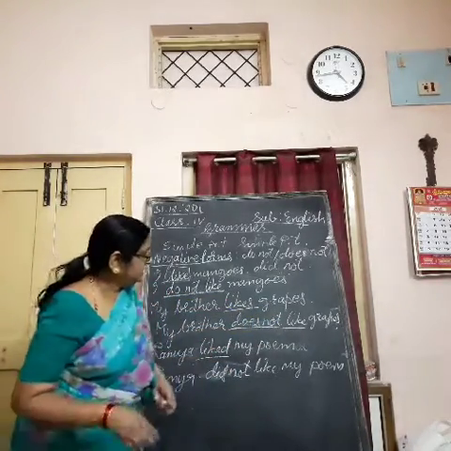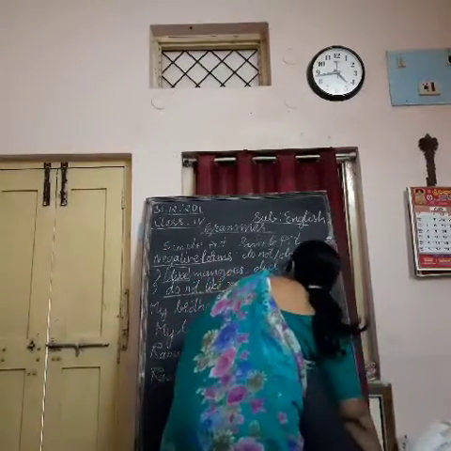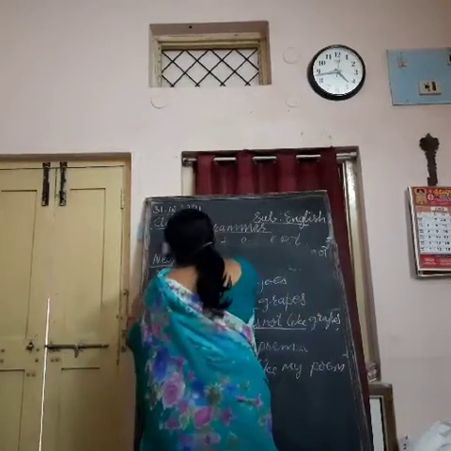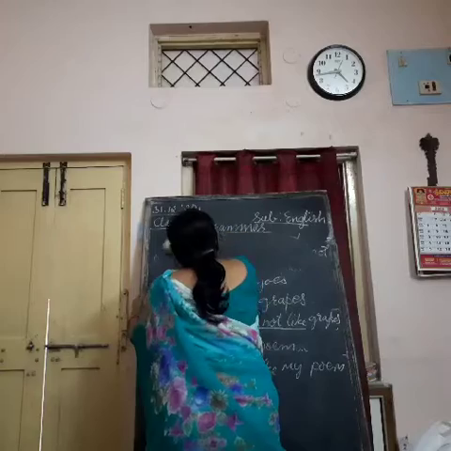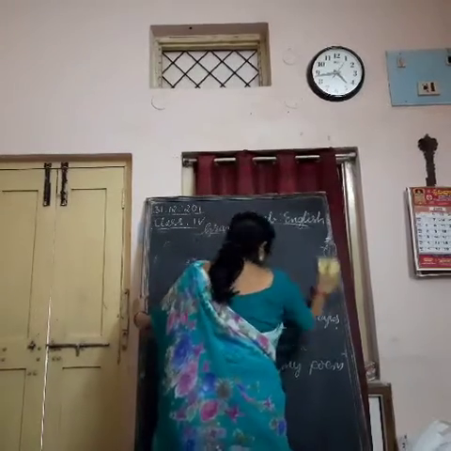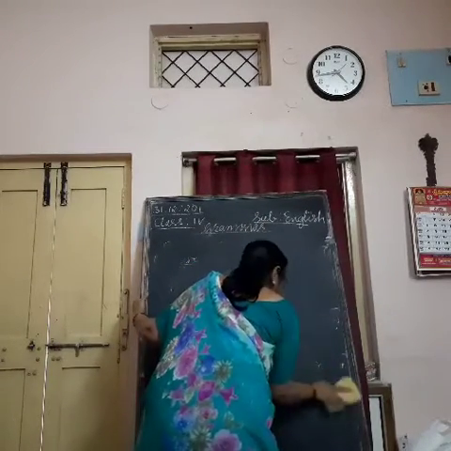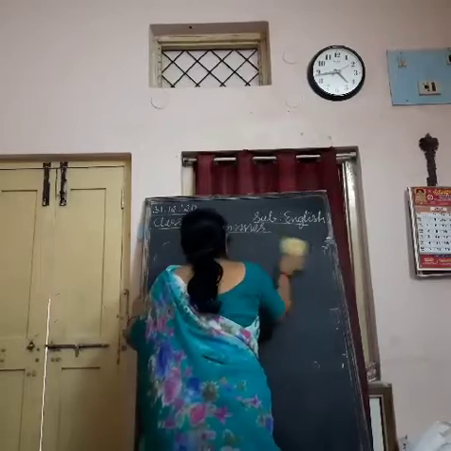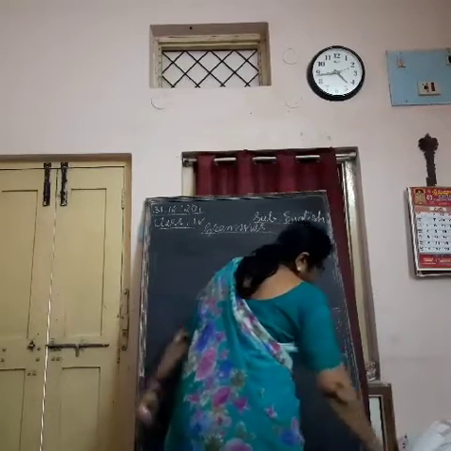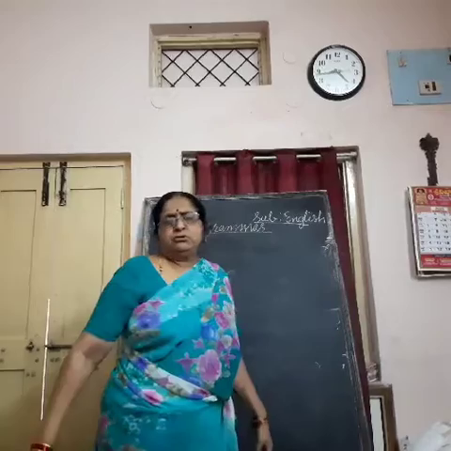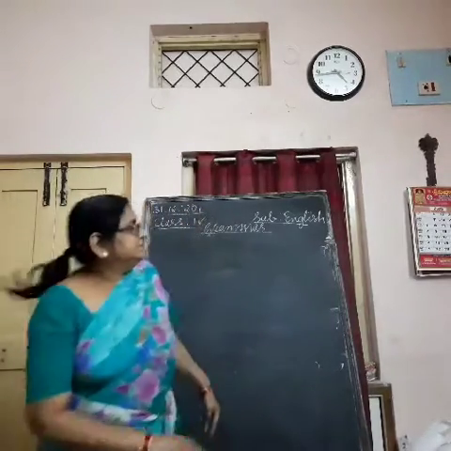Understood? One more thing. Let me show it on the blackboard. This is an explanation. Again, you are going to get the typed matter for your practice. Please note it down in the notebook and do it in your holidays.